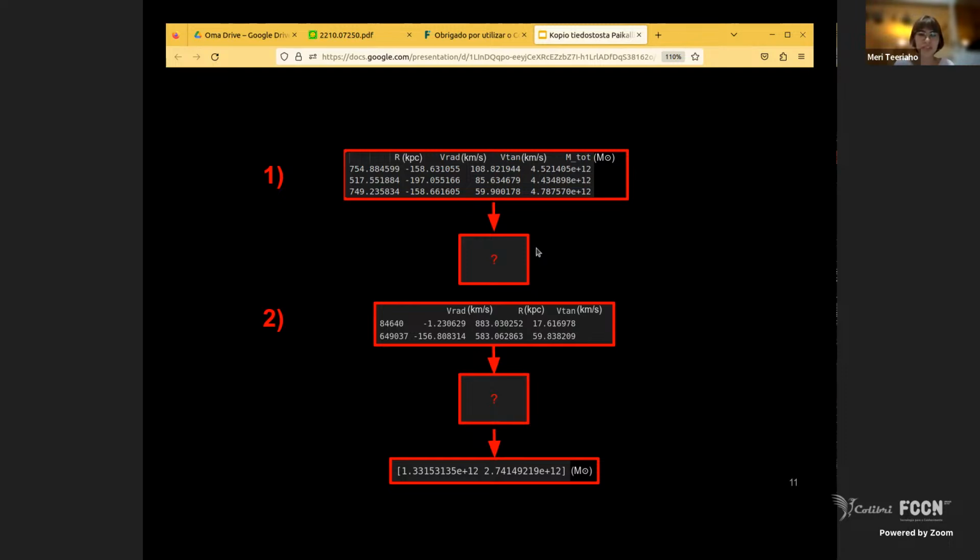So I won't tell more about it. But after that, we will have a trained model and we can put some kinematics inside it. So now we don't have the mass values. And we have two rows and we will get two mass values for each row.